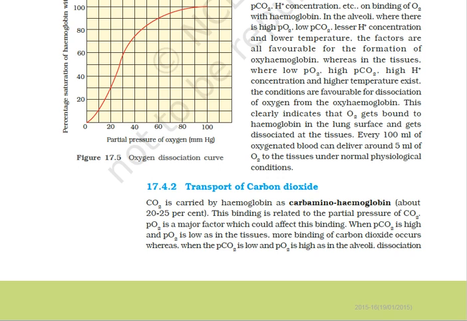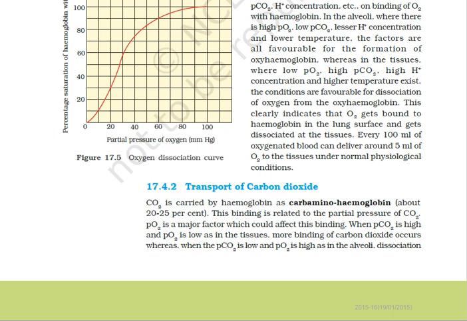So I am repeating, about 4 ml of CO2 is transported by every 100 ml of blood, and it is transported in 3 forms. The first is in the dissolved form in plasma, that is about 5 to 7%, as bicarbonates about 70%, and as carbaminohemoglobin about 23%. Now what happens in the plasma?